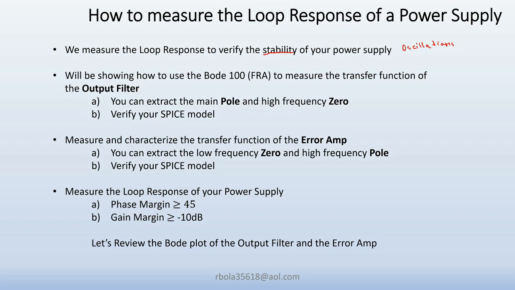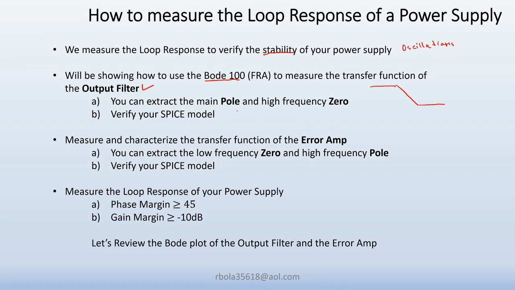I'm also going to show how to use the Bode 100, which is a frequency response analyzer, and I'm going to measure the transfer function of the output filter. The output filter is actually a low pass filter, and it's got a pole, and then it's got a zero.